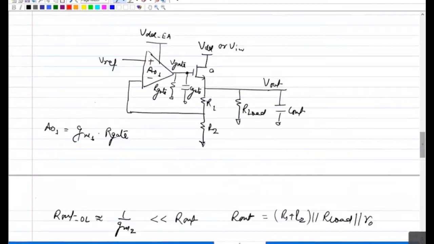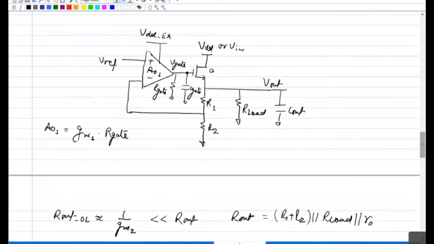Your loop gain is completely determined by your first stage, which is the error amplifier, while in PMOS, your total loop gain is determined by two stages, the error amplifier as well as the PMOS output stage. Let's say 40 dB comes from the first stage and 20 dB from the second stage, so in total you get 60 dB.